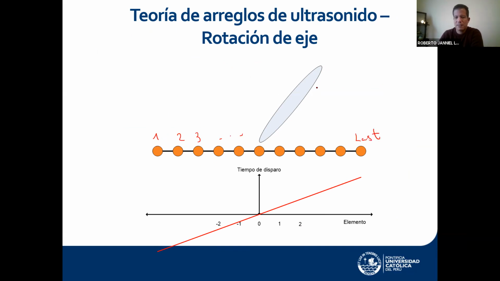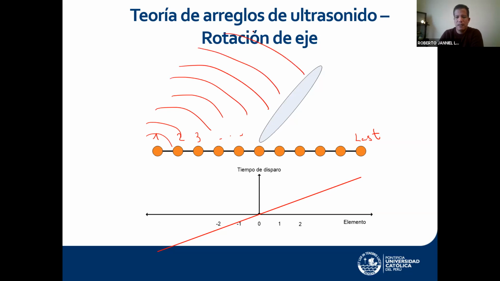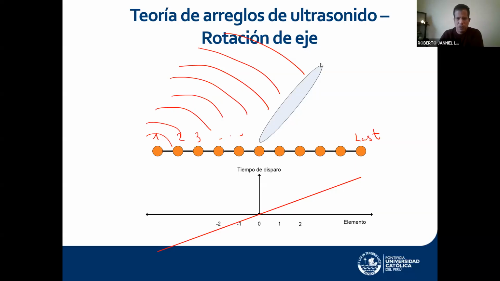It kind of makes sense that this is going to tilt like this, because the ultrasound wave that this guy is generating is going to take time to travel. It will travel up to this point, for example. And then the last element is going to travel up to this point.